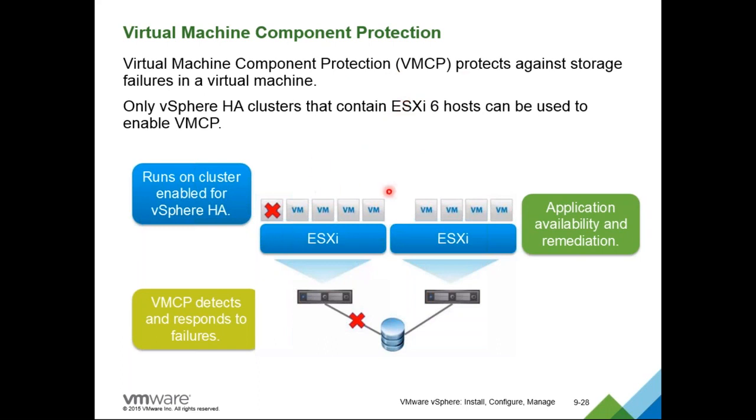This feature has more capabilities in 6.5, so they enhanced it and added more flexibility and scalability in vSphere 6.5. But using vSphere 6, this virtual machine component protection feature will detect application failures on your virtual machines.